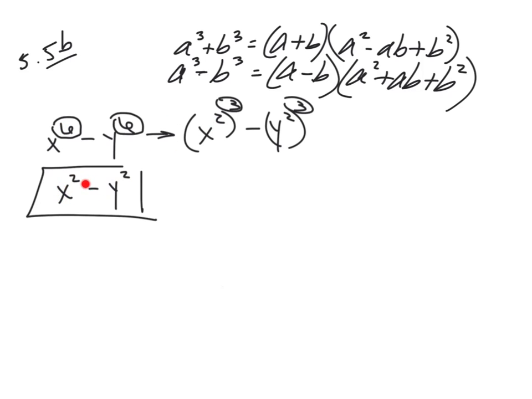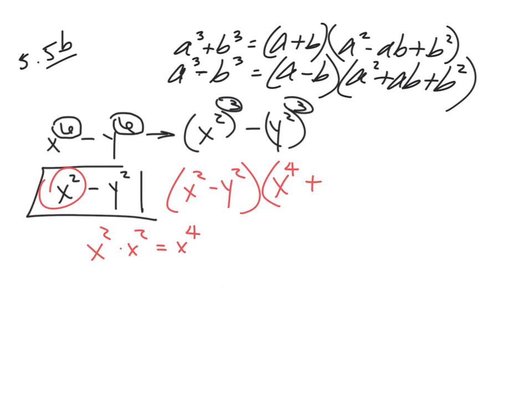So this is what I'm looking at. So I'm going to take x minus y. I'm going to use this formula here. Take my first number minus my second number. Take my first number and square it. X squared times x squared is x to the 2 plus 2, which is 4.